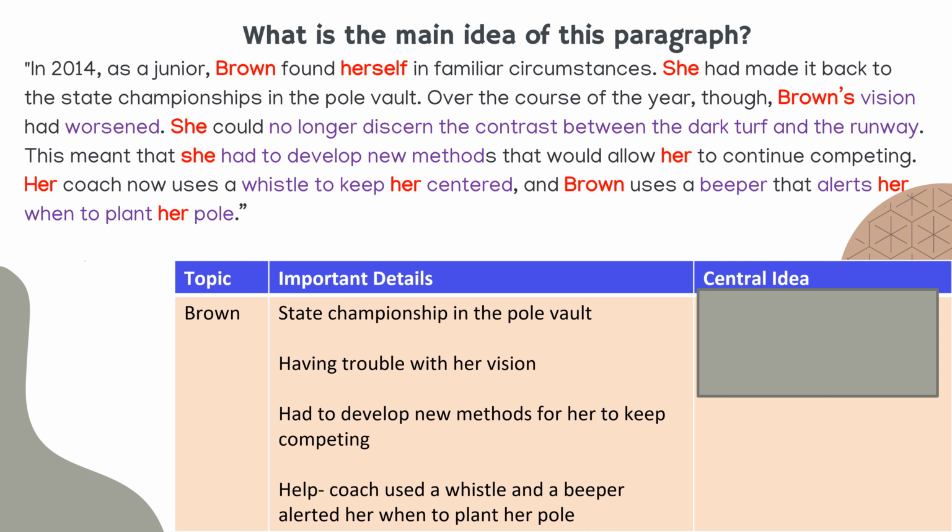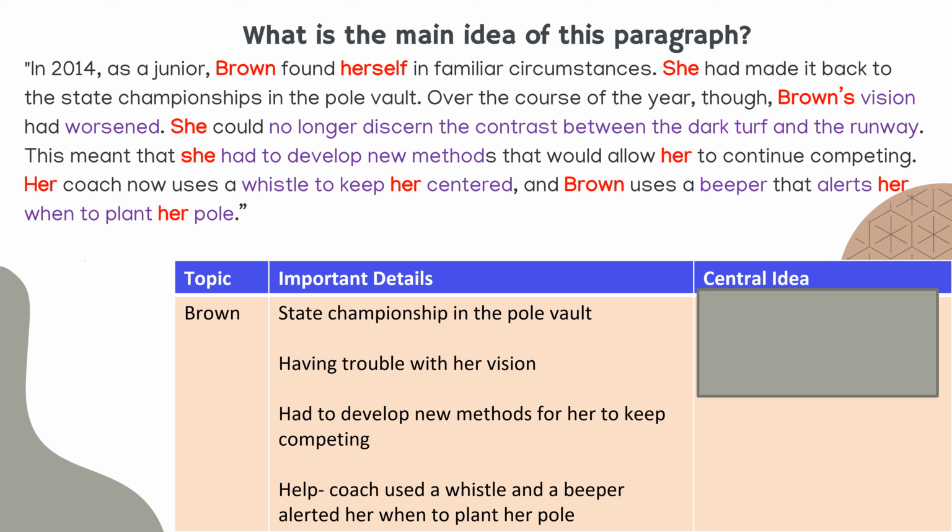Lastly, we learned that she got some help. Her coach used a whistle to help keep her centered, and she used a beeper that alerted her when to plant her pole.